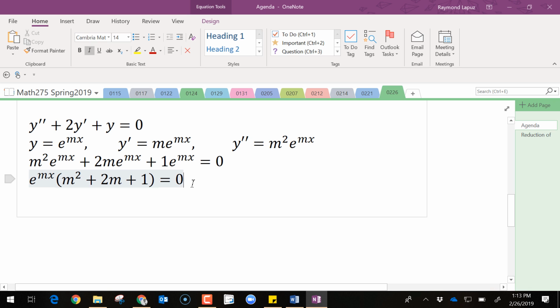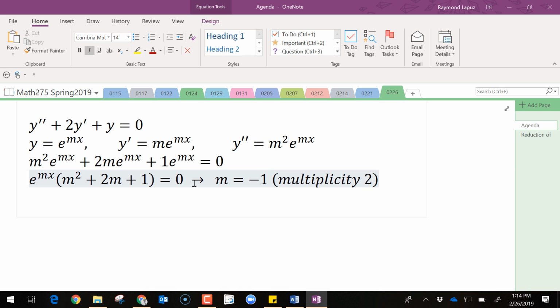All right, so we got m is equal to, what's the solution here? M is equal to -1 with multiplicity 2. So in other words, the theory behind the quadratic equations is that you need two solutions. So you're going to get two solutions here. And the two solutions happen to be the same.